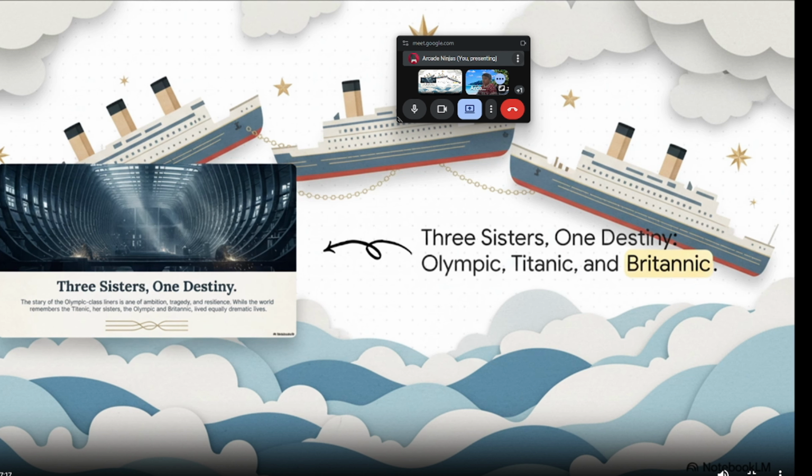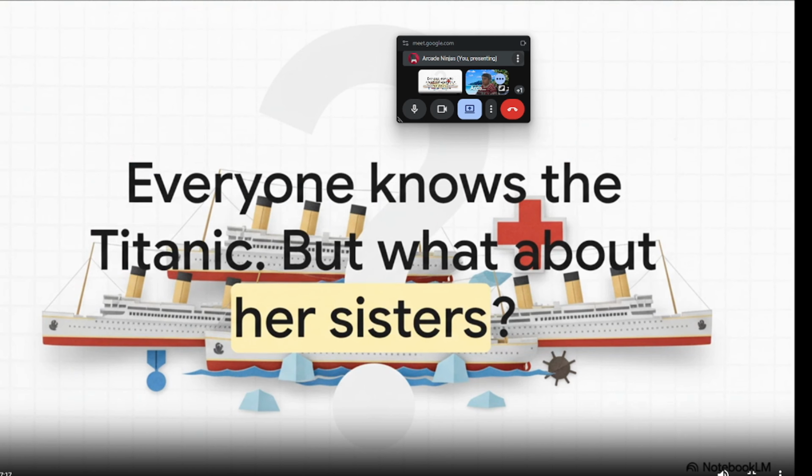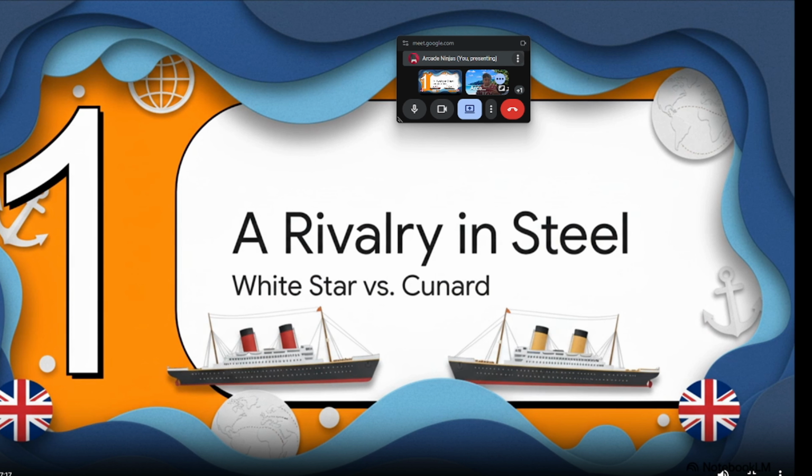It goes so much deeper than the one sister everyone remembers. Right. The name Titanic. It just echoes through history, doesn't it? It's basically a synonym for tragedy. But here's the thing. She wasn't an only child. She had an older sister, the Olympic, and a younger one, the Britannic. And if you really want to understand the story of the Titanic, you have to understand the story of all three. So where does this all start?